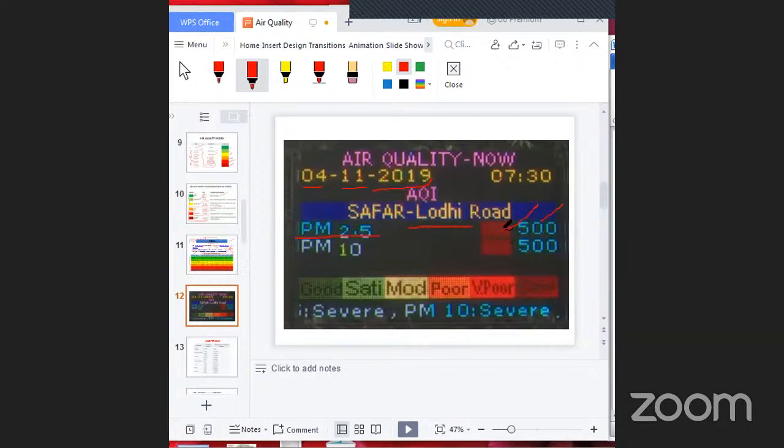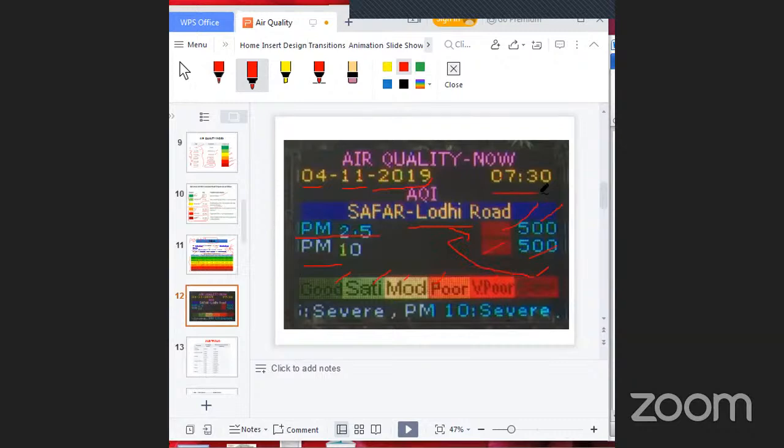This means danger. And PM10 is also 500. This color indicates maroon, which is also very, very severe. You see here good, satisfactory, moderate, poor, very poor, and severe. So this is very severe.